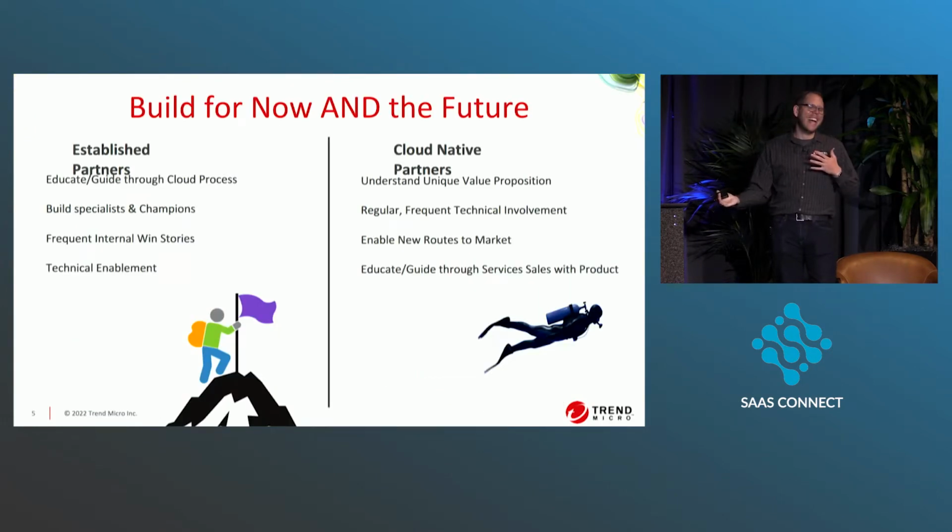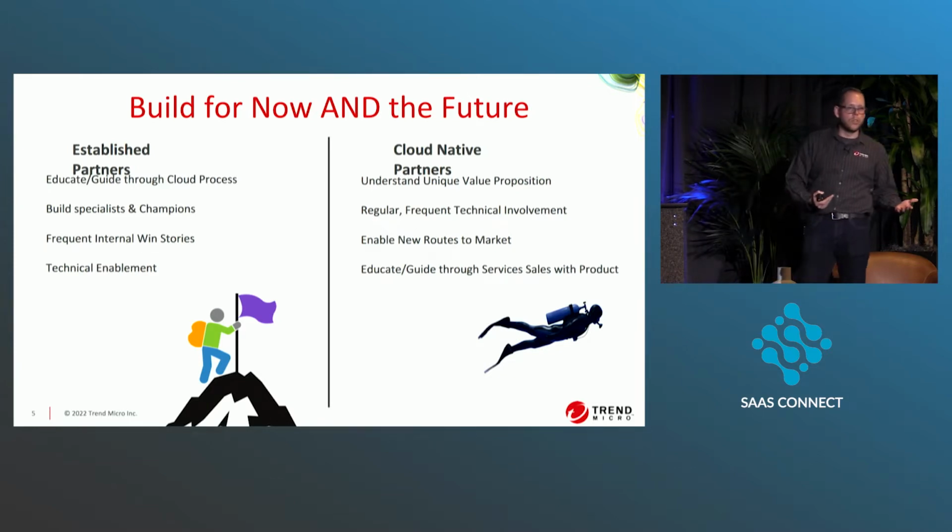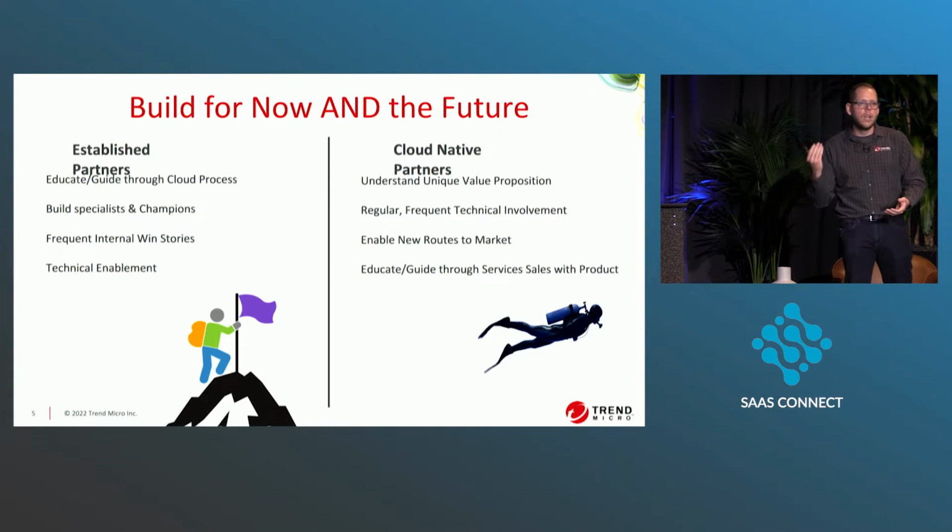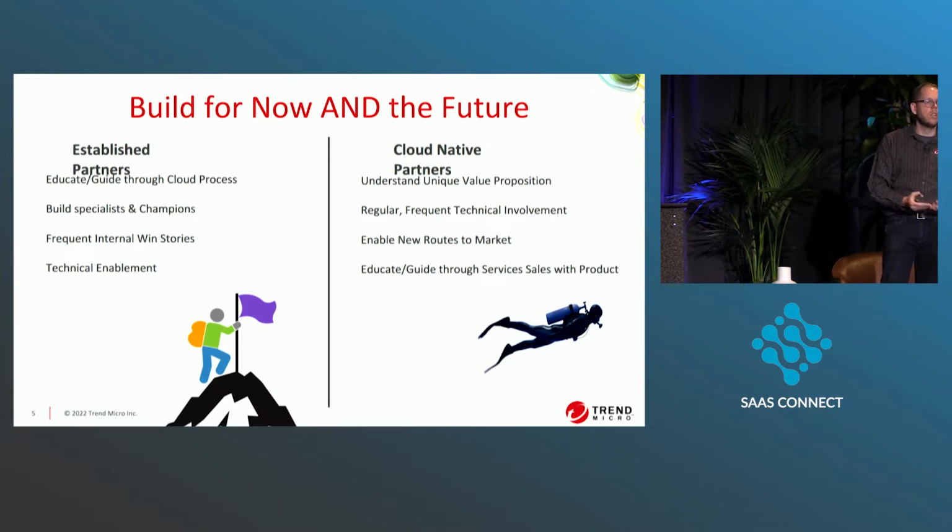All right, so how do we do that? Trend's been around 33 years, a very large company. We've got huge install bases. We've got big partners that have been doing business the same way for a very long time. If you've been around a few years, you likely also have partners that have traditionally sold through distributors, done a 3-tier model, and sold the big CapEx projects.